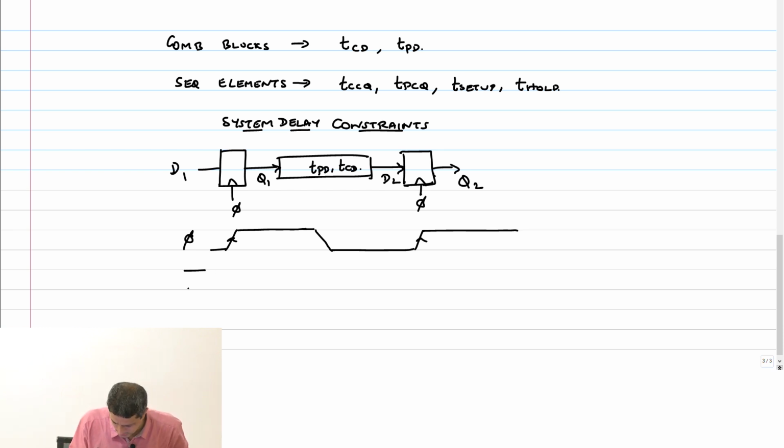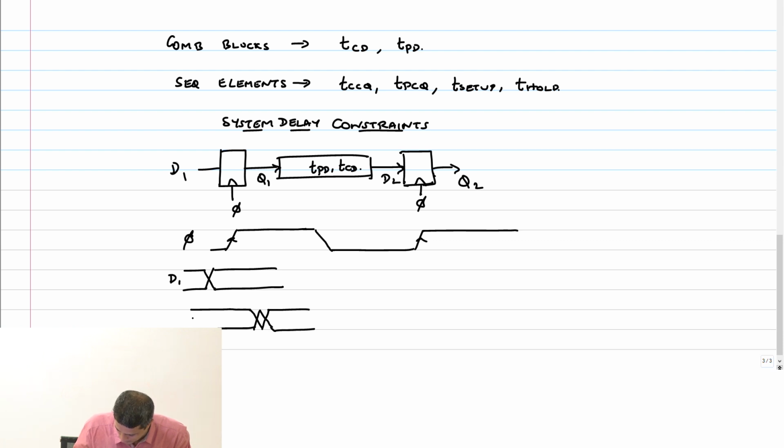I have a change in D1, that's happening here, right? So after the clock rises, right, Q1 will change after the clock edge.